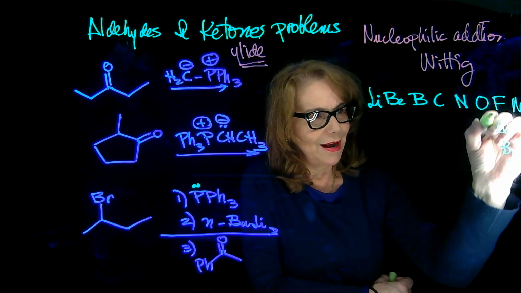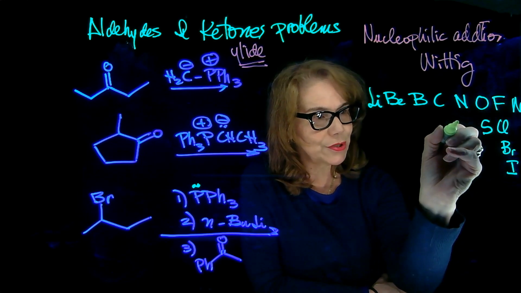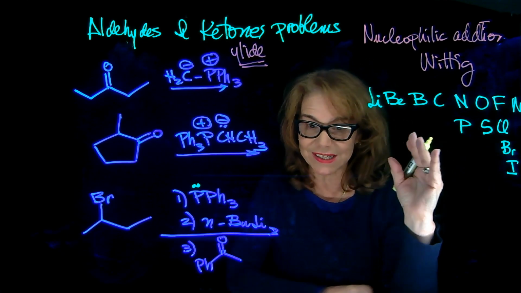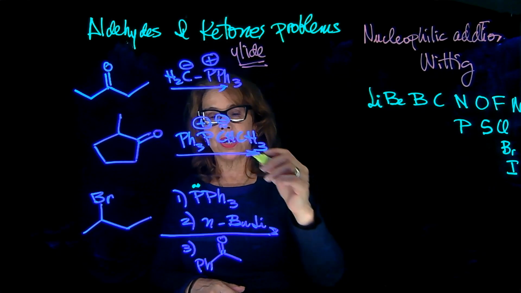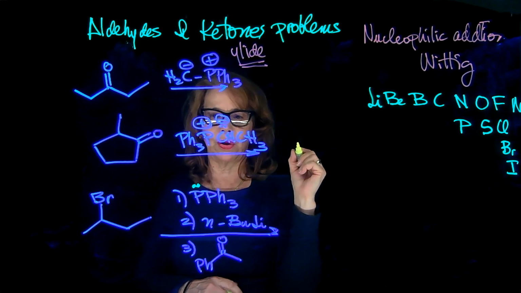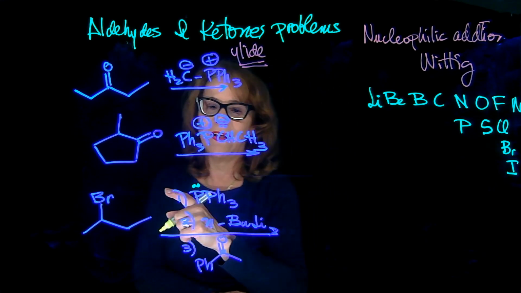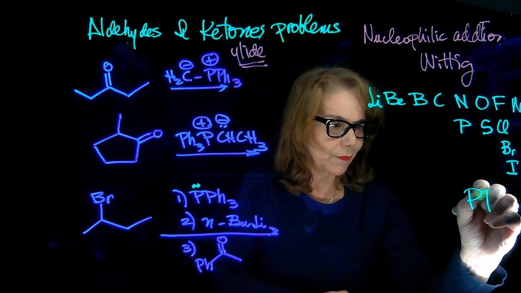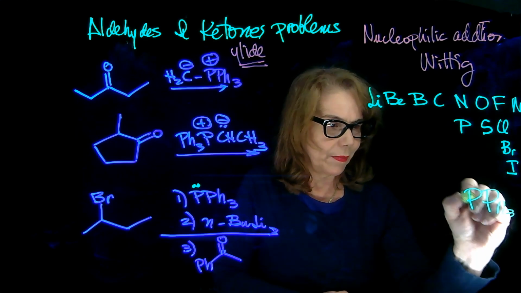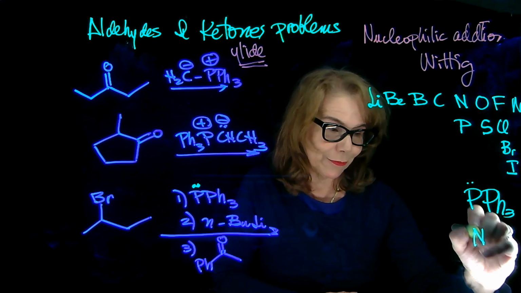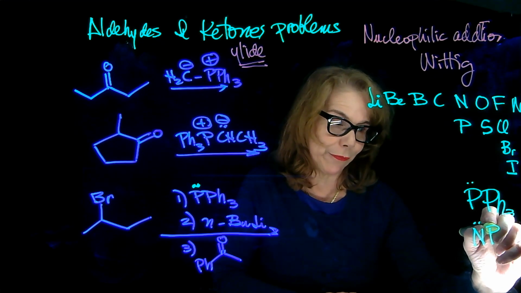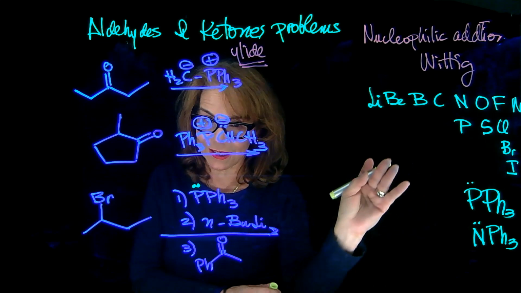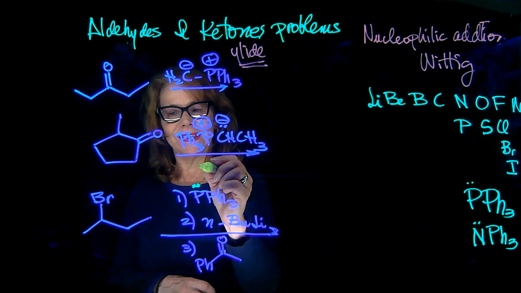Under the oxygen is the sulfur, so phosphorus is right under nitrogen, with the same number of valence electrons. That's why I wrote the dots there. So this is triphenylphosphine. And if you did this with a nitrogen, it would be triphenylamine. So this is the same type of compound, and this is a good nucleophile.